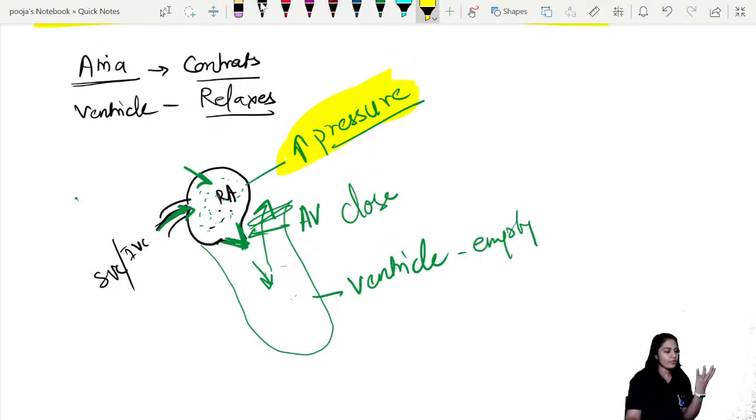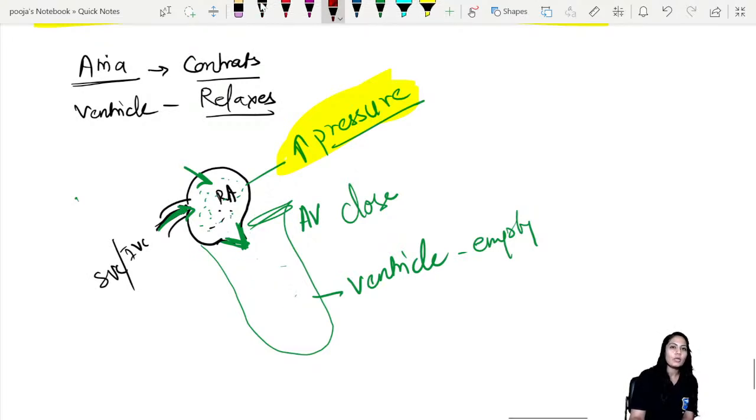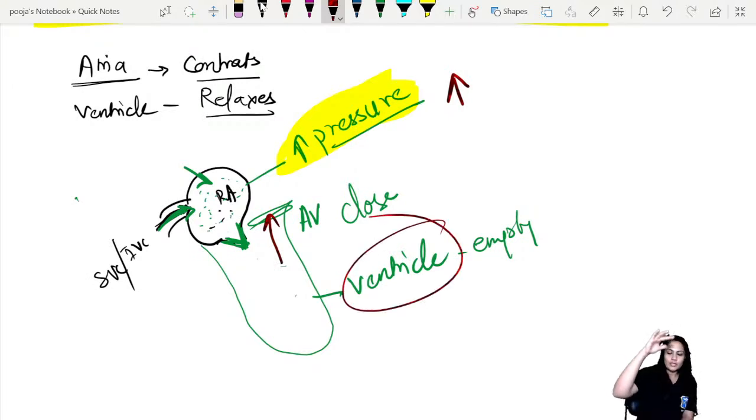But since the ventricles are contracting at that time, the pressure inside this ventricle must be more than the atria, right? As soon as the pressure inside the atria goes up because of this filling, and once the ejection phase is over, what is going to happen? The pressure inside the ventricle is going to fall, right? So here a decrease in the pressure will occur, and the ventricles start to relax, right?